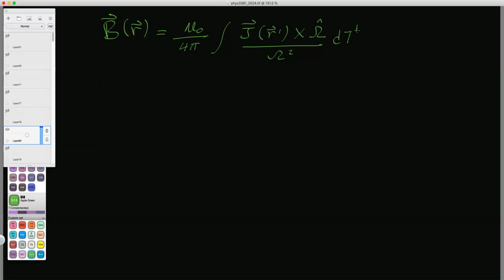So first thing we're going to do is take the divergence of B. Now we explained before when we talked about Gauss's law that the divergence of E is rho over epsilon naught, I believe. That is Gauss's law in differential form, one of Maxwell's equations.